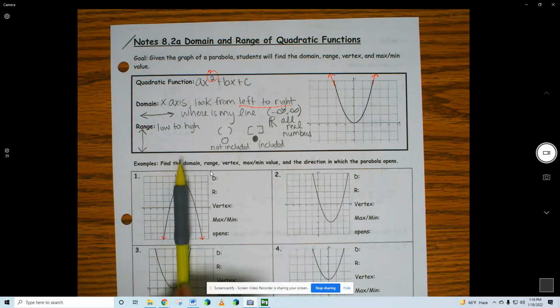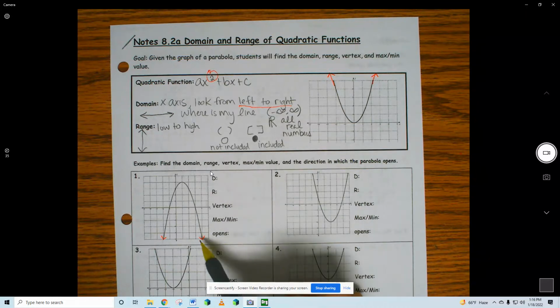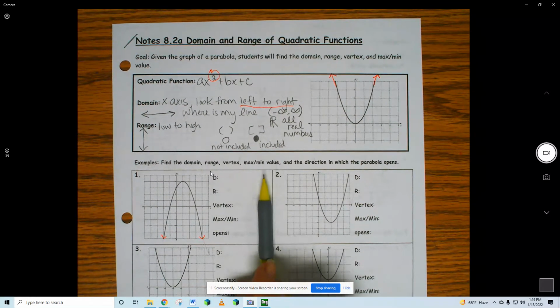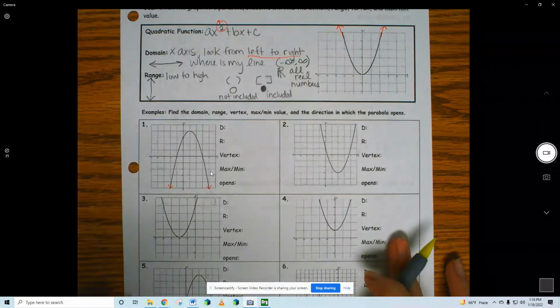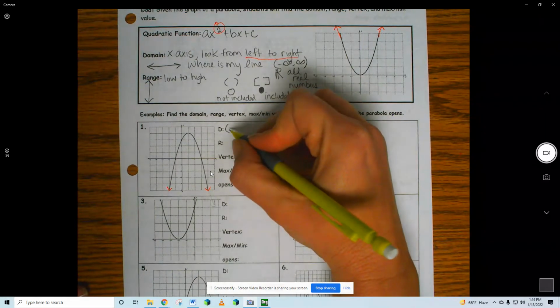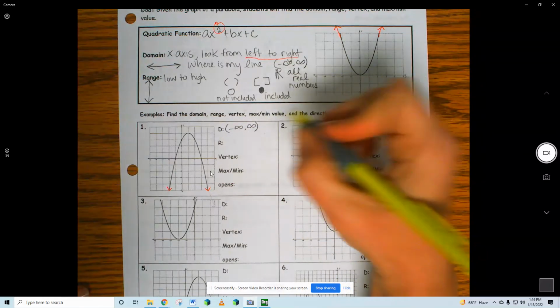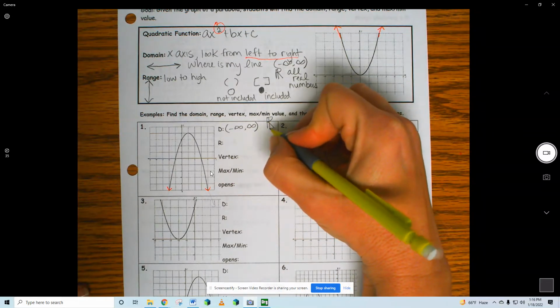Yes, yes, yes. It hits. Scan, scan. It's going to go forever down. Right, right, right. It's going to eventually hit positive infinity. So I can say domain, negative infinity to positive infinity. All real numbers. I'm not going to write them both, but for the first one I will.